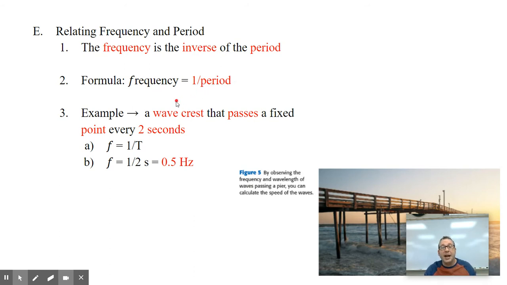So if we take that and determine the frequency of those waves, again, we take 1 over that 2 seconds. And so we get 1 divided by 2 seconds, and we get 0.5 hertz, or half of a cycle per second. And that's how we do it.